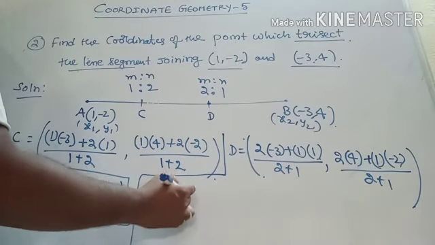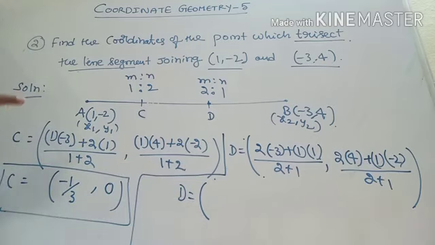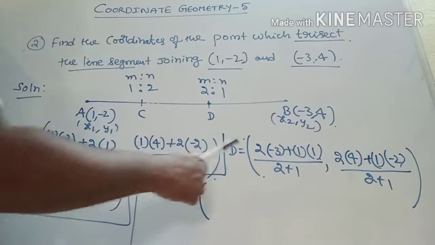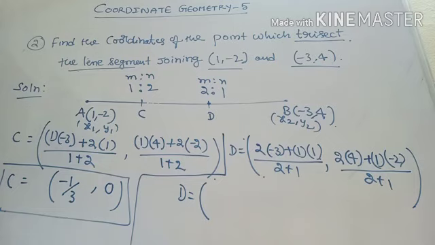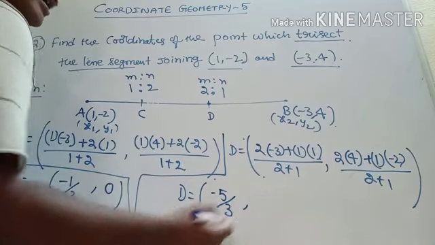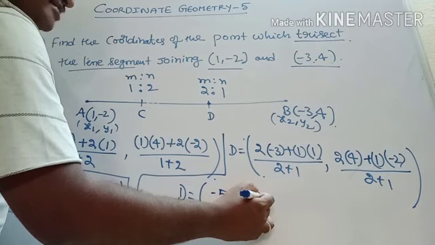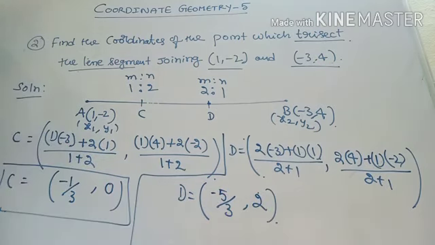Now if you simplify this, we will get the coordinates of the other point of trisection, which is D. We get -6 plus 1, that is -5 by 3, comma, 2 into 4 is 8 minus 2, that is 6 by 3, which is 2.